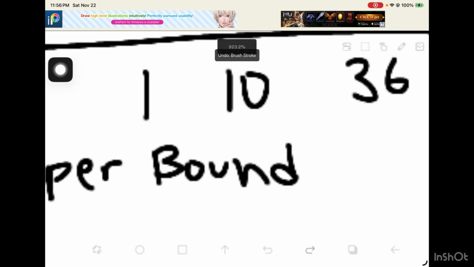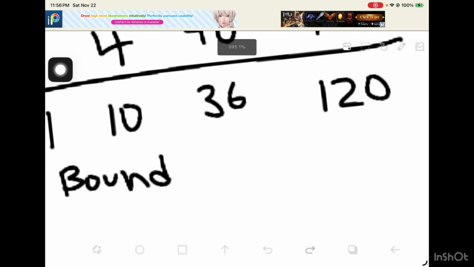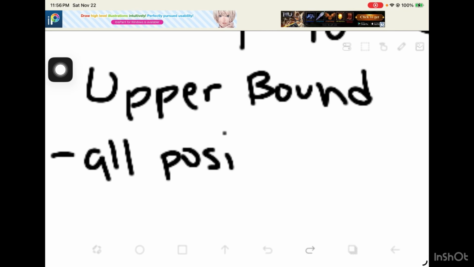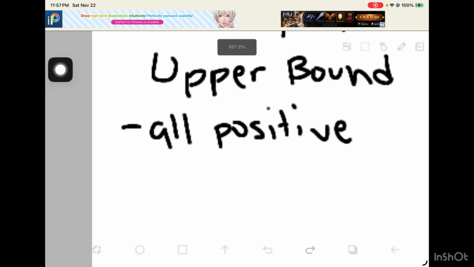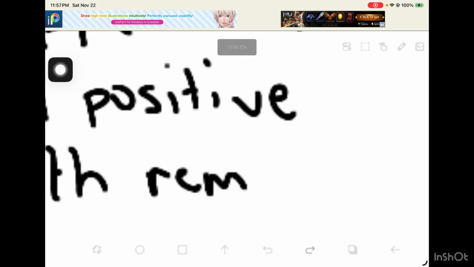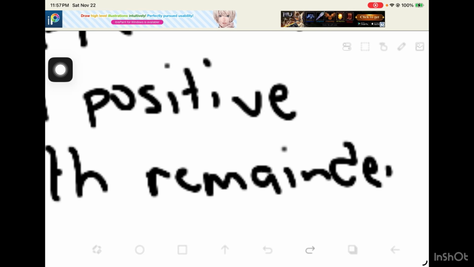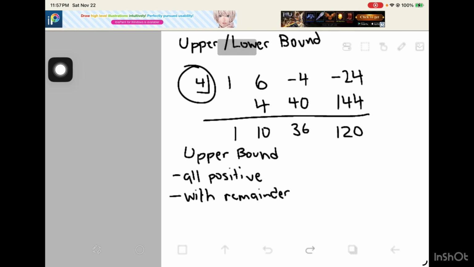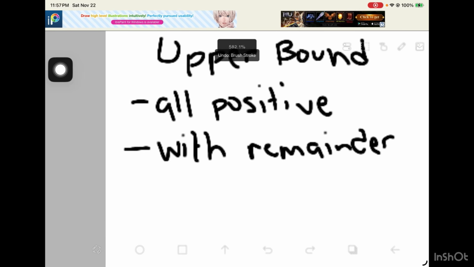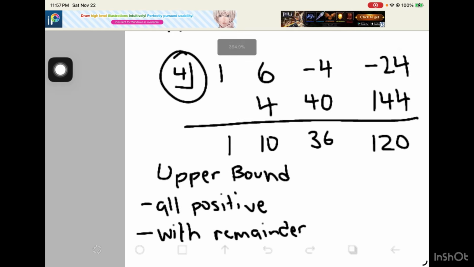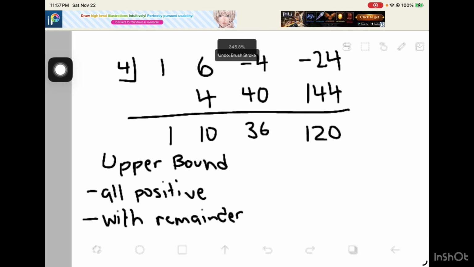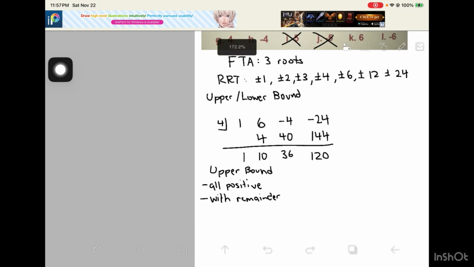It's an upper bound if it's positive and all the results are positive, also with a remainder. Before you set this number as an upper bound, obviously it has to be a positive number, and then it also has to have a remainder. If it's zero remainder, that's a root and it cannot be used as an upper bound.